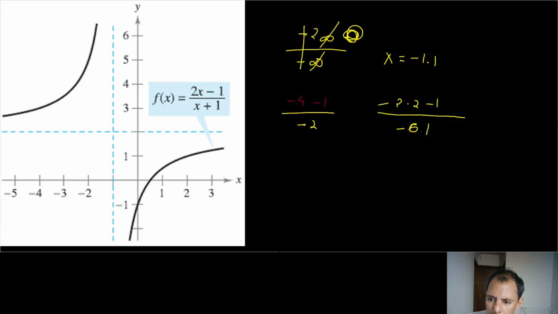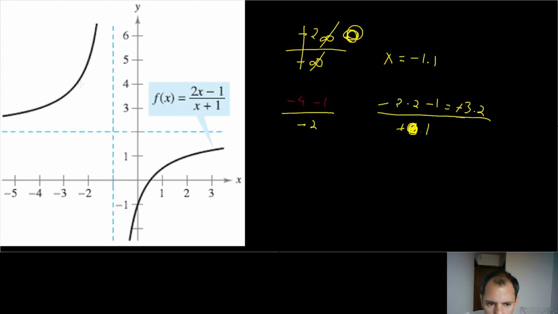And this here, just pretend this is a 0. And then the numerator here is minus 3.2. So you can see that here you've got a negative and here you've got a negative. These are going to become positives. So you have 3.2 divided by 0.1, which is 32.